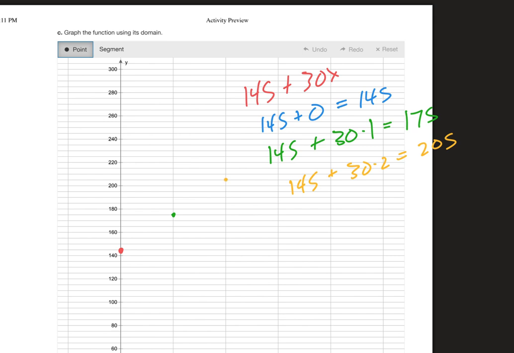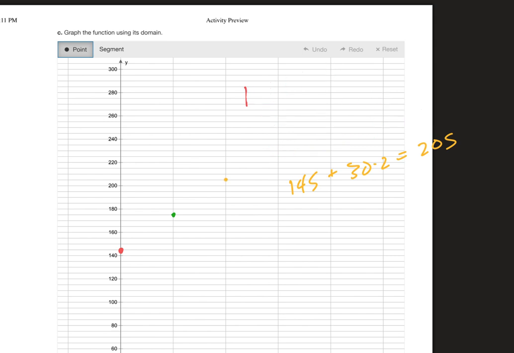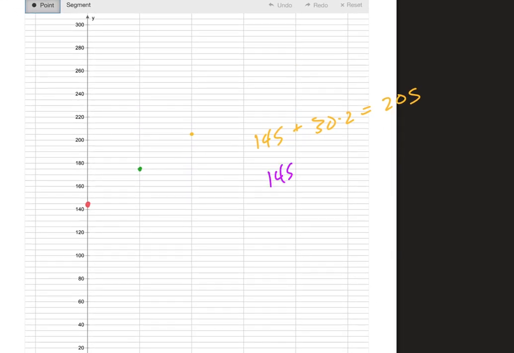Right about there. I'm going to run into my writing, so I'm going to erase some of my writing. And then we have 145 plus 30 times 3. That's 235. 235 is right about there. And you get the idea. We're just going to keep going up and over. We're going to go up 30 over 1.